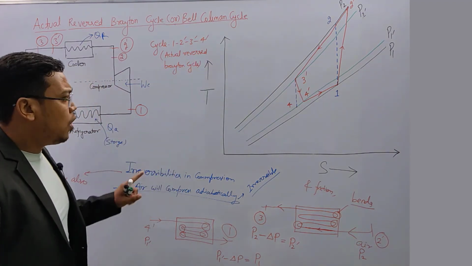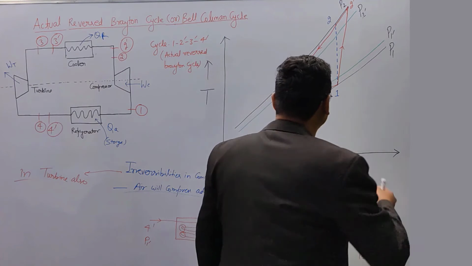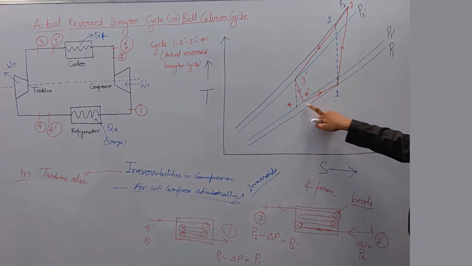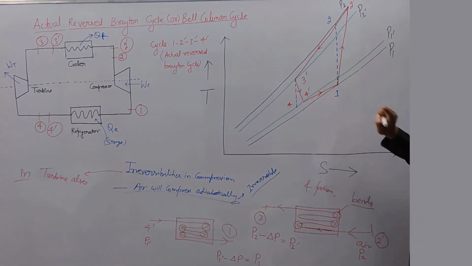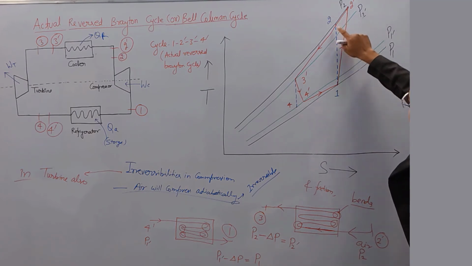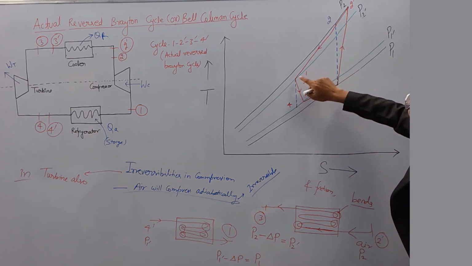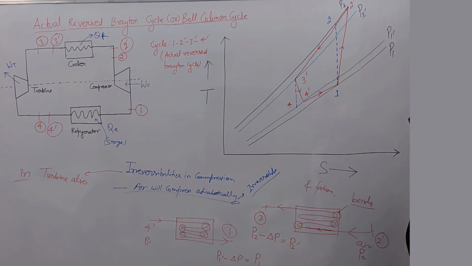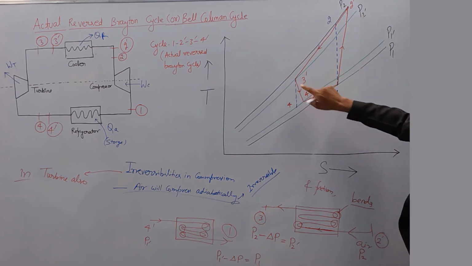Okay. You also know in thermodynamics that during heat addition, temperature will increase and entropy will increase. In this case, temperature will reduce and entropy will reduce, because heat rejection is taking place in process 2 to 3 dash.